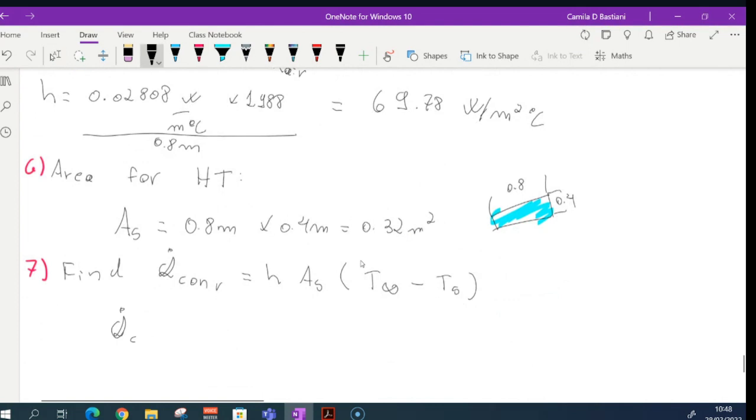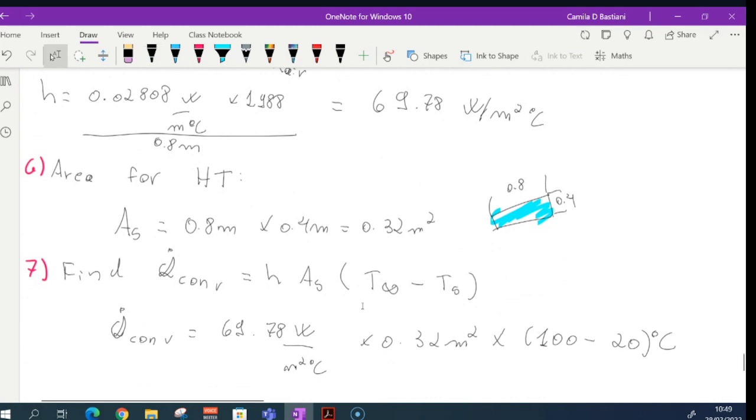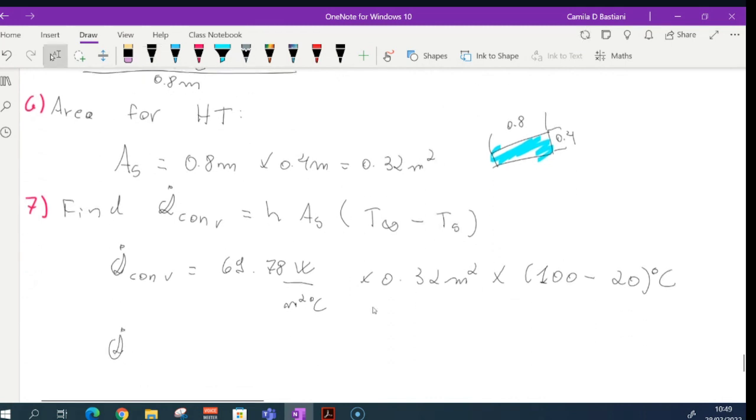So my convection heat transfer is going to be equal to 69.78 watts per meter squared degrees Celsius multiplied by 0.32 meters squared multiplied by 100 minus 20 degrees Celsius. So my convection heat transfer is going to be 1,786 watts.